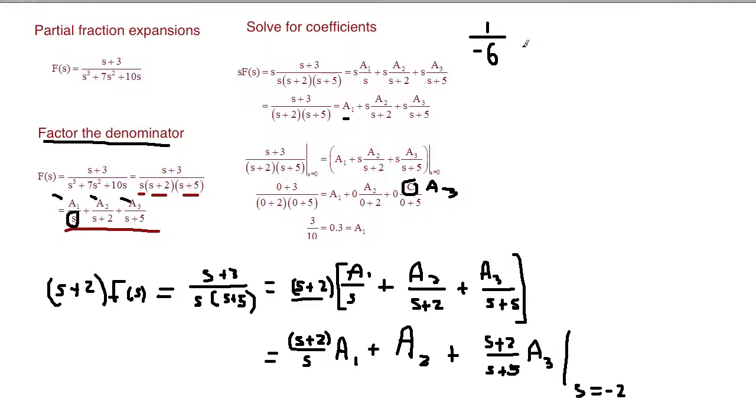Equals, s equals negative 2, this term equals 0. I have 0 plus a2. And then over here, s equal negative 2, and this term is 0. So I get a2 is negative 1 over 6.